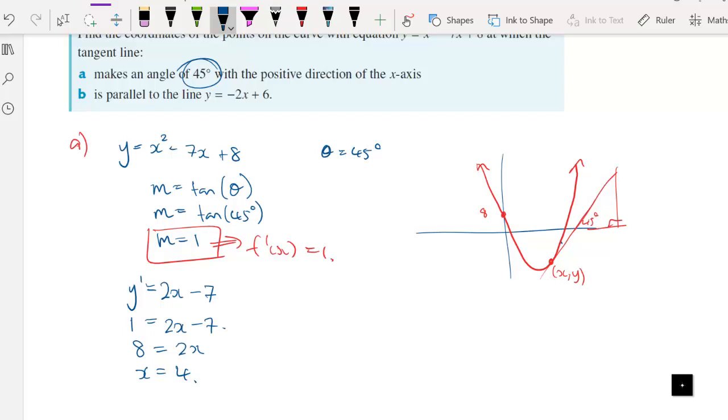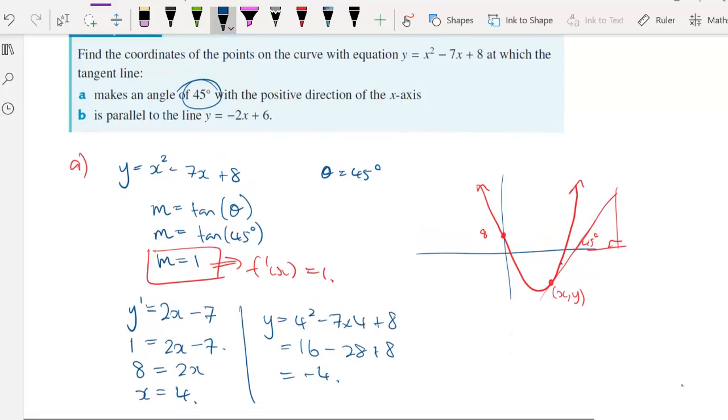Now that we've got the x value, we need the y. So if we go back to the original, and we say, well, x is equal to 4, so y is equal to 4 squared take 7 times 4 plus 8. We've got 16 take away 28 plus 8, and we end up with negative 4.